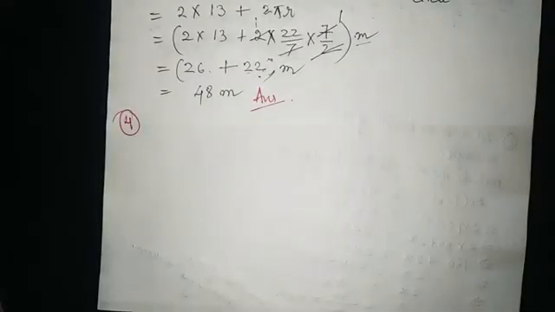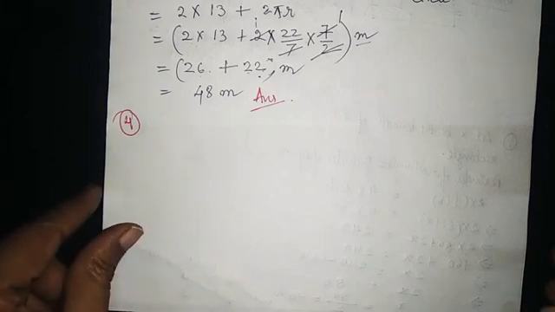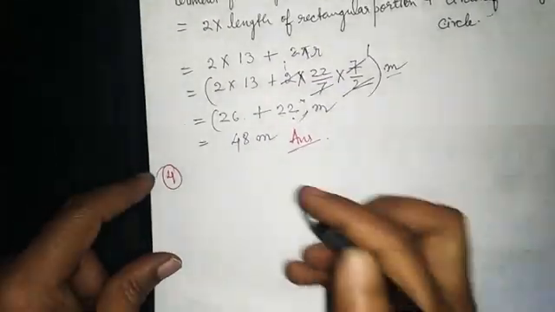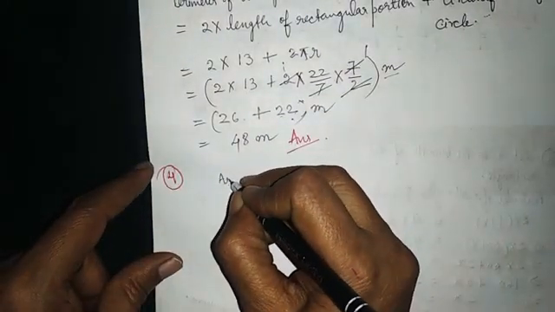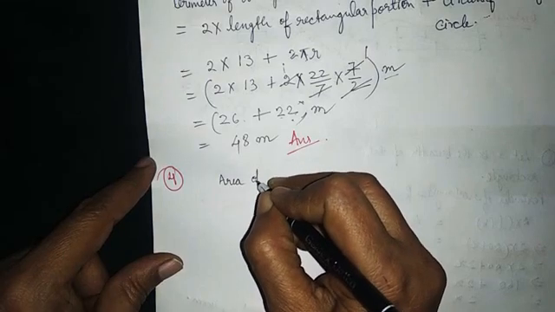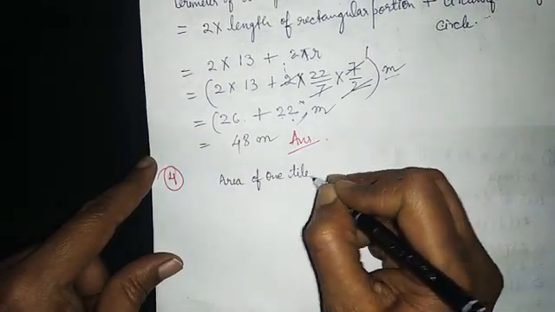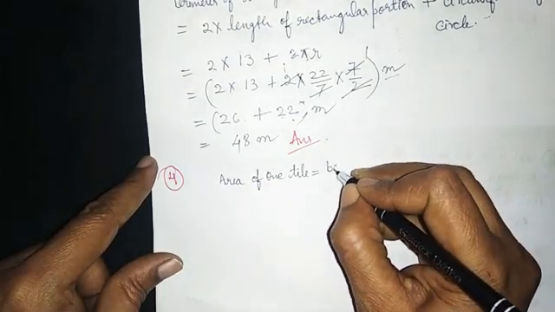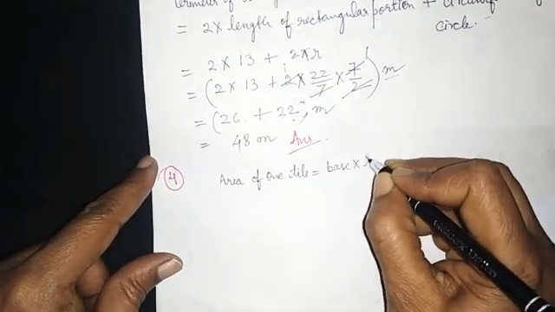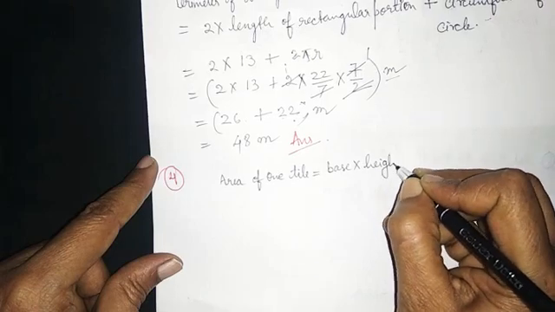Here students, the shape of the tile is a parallelogram. So here we will find the area of one tile first. For the area of one tile, the formula will be base into height.